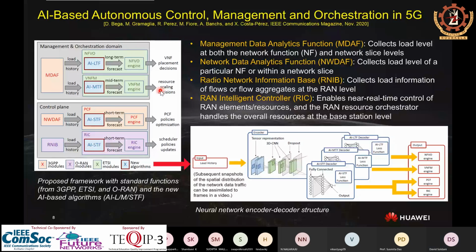So in this case, what they're doing is exactly to use this kind of function so that performance can be improved, or if you have an excess of computation, the system can be scaled down. That's basically what concerns the management and orchestration layer, as well as the control layer, to perform tasks within the core network.